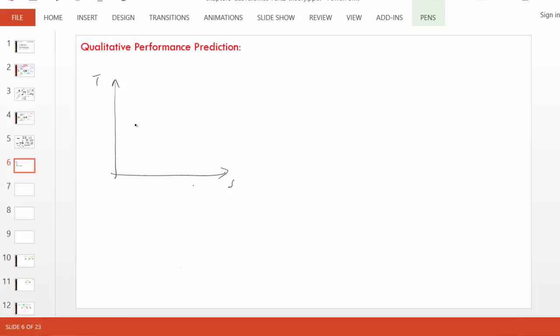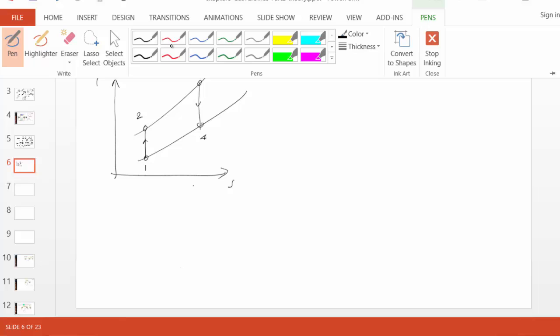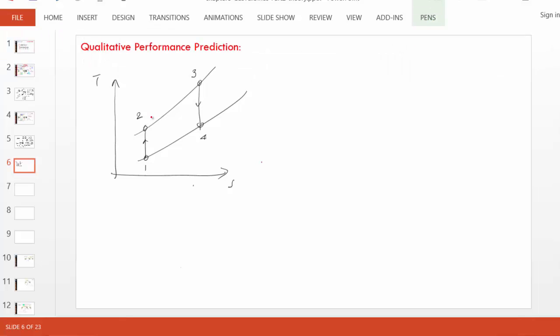So let me quickly draw a Brayton cycle. An important thing to understand in this cycle is that heat addition takes place at constant pressure and heat rejection also takes place at constant pressure.